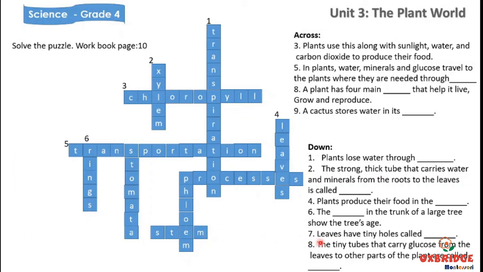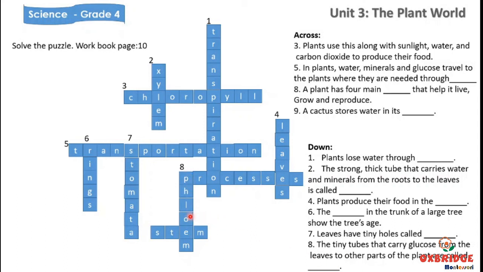Moving towards number 7, leaves have tiny holes called stomata, where different things can be transported. Number 8: the tiny tubes that carry glucose from the leaves to other parts of the plant are phloem.